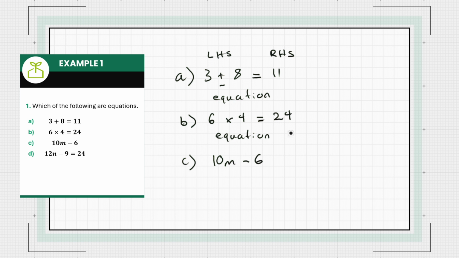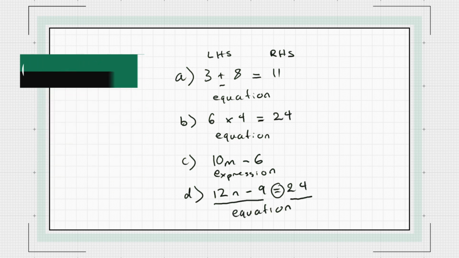Now this is not being said to be equal to anything, and so this is an expression. And finally we have D, 12n minus 9 is equal to 24, and because we have two expressions, one on each side, and they're said to be equal to one another, this is an equation.